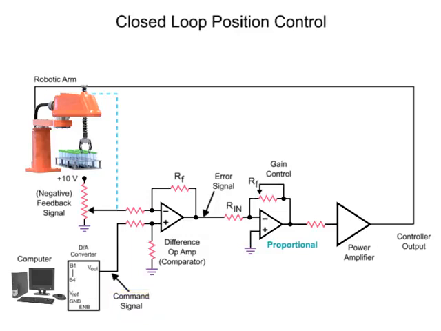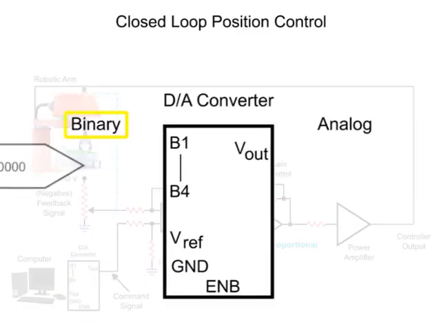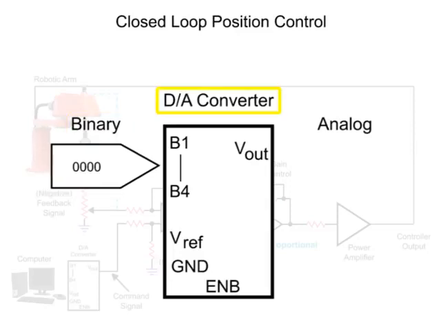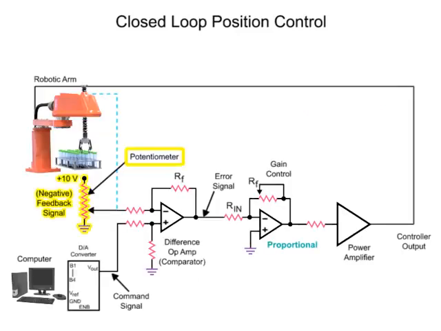The analog command signal voltage produced by the digital to analog converter determines the position of the arm. The potentiometer attached to the robotic arm in the circuit indicates the actual position.